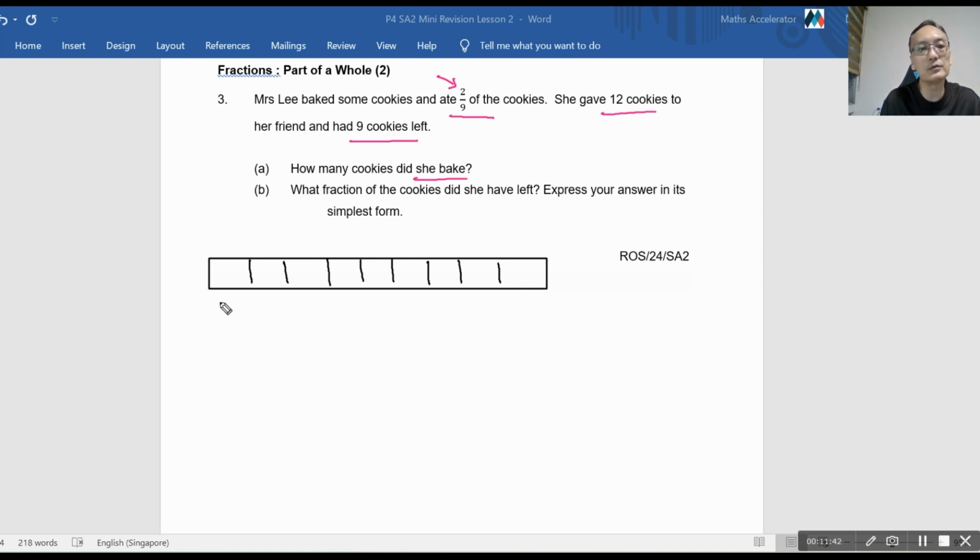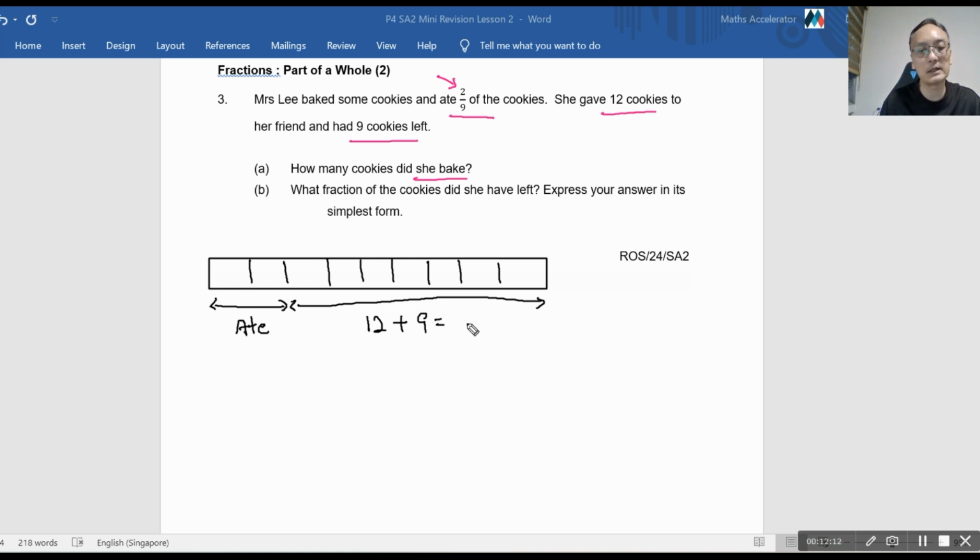In these 9 units, 2 of the units she ate. And after that, she gave 12 cookies to her friends and had 9 cookies left. So the combined, or the remainder of this model, which is 7 units, will include the 12 cookies that she gave to her friends and the 9 cookies that were left.